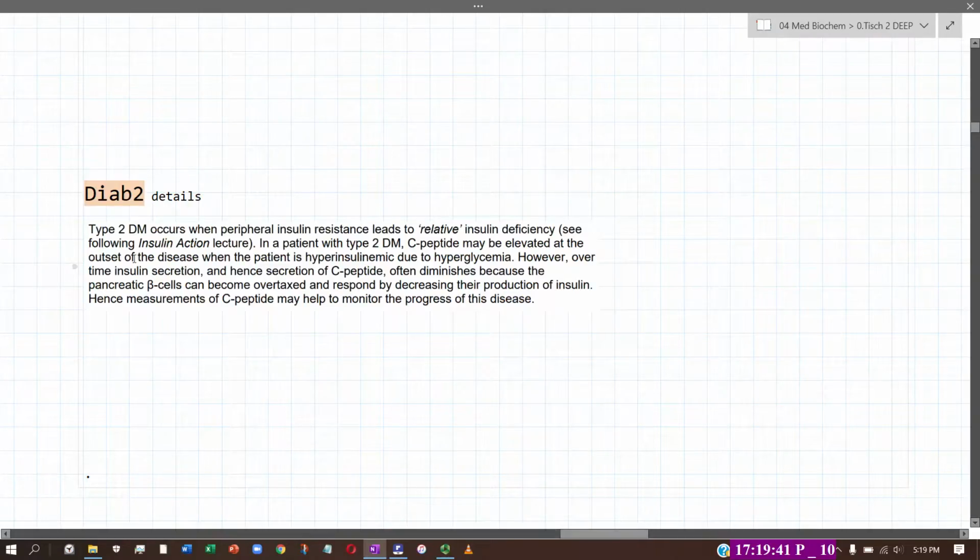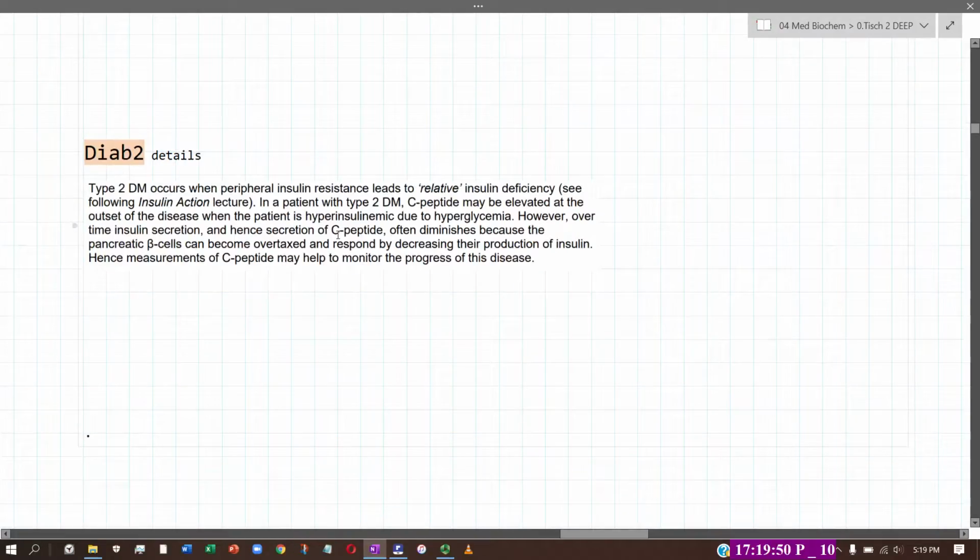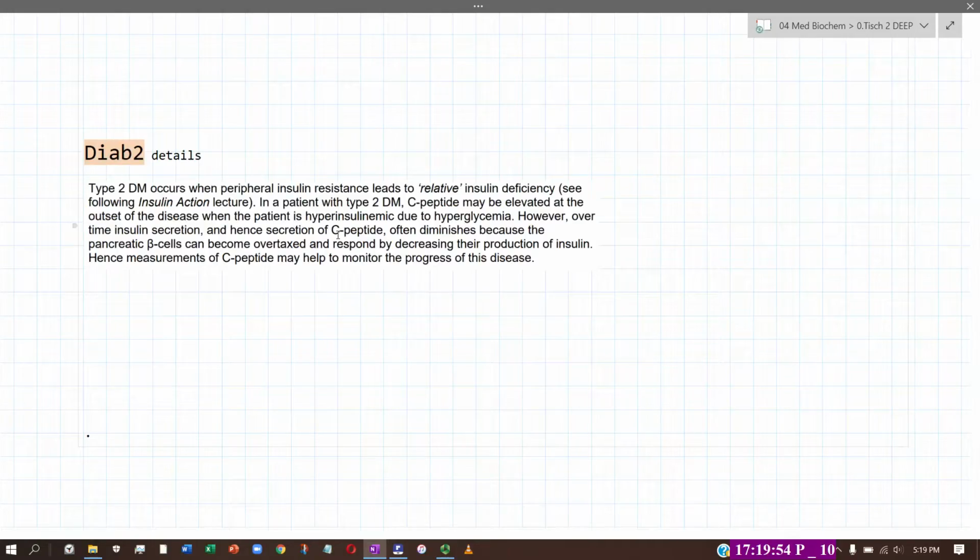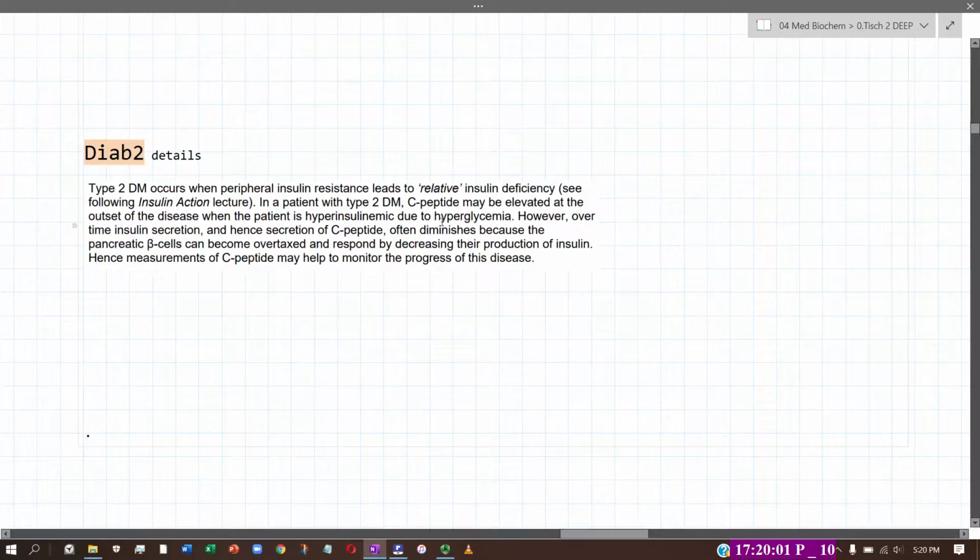However, over time, insulin secretion, and hence the secretion of C-peptide, often diminishes because the pancreatic B cells can become overtaxed and respond by decreasing their amount of insulin. Hence, measurements of C-peptide may help to monitor the progress of this disease.